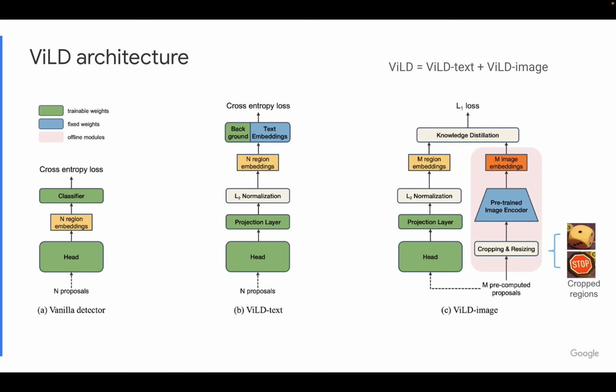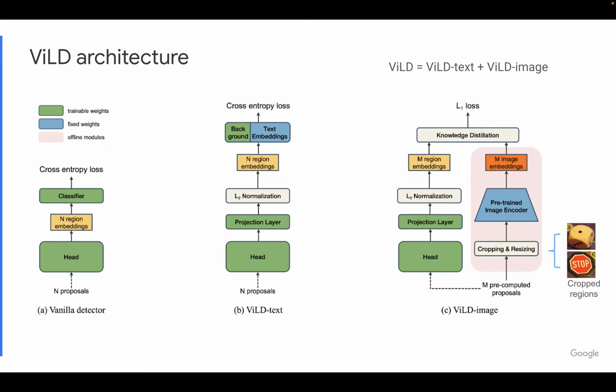So now let's take a look at the architecture. ViLD uses the same backbone architecture as the standard Mask R-CNN architecture. Most of the changes happen in the detection head. So on the left, we show the standard Faster R-CNN head. For each object proposal, we compute a region embedding, which is the input to the classification layer.